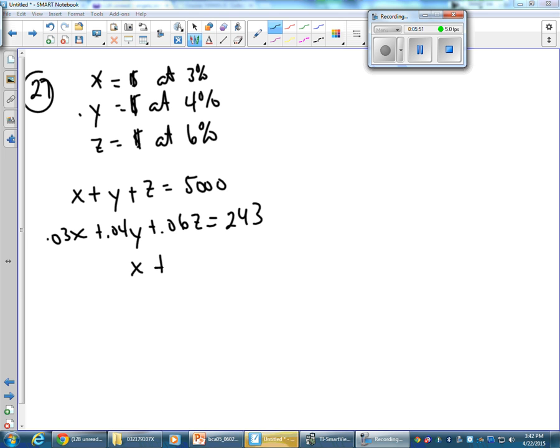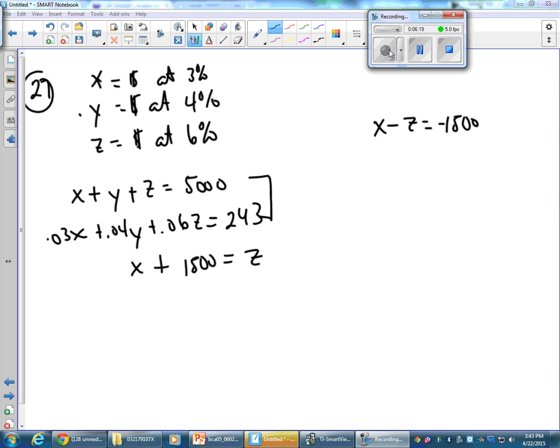So X plus 1,500 would equal Z. Now I just got to solve this and figure out how much was invested at each one. If you'll notice, this one would be X minus Z equals negative 1,500. So that doesn't have a Y.